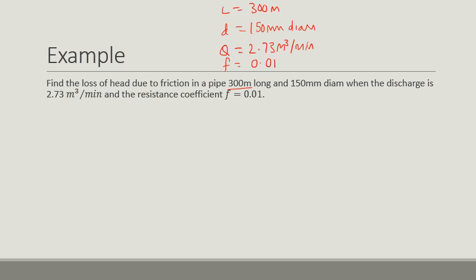So now what is our formula for finding head loss? HL will be equal to FLQ square over, okay, don't let me use that formula, let me use the more expressive one, 32 FLQ square over G pi square d raised to the power 5.